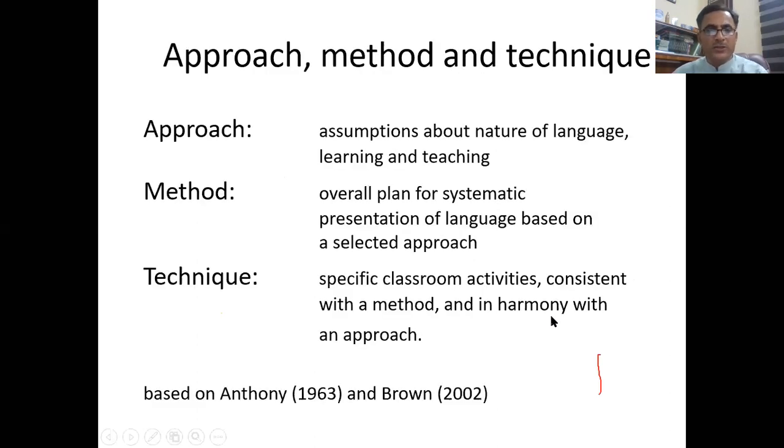Okay, so here we got this gentleman, Anthony, in 63, and Brown, 2002, who came up with this idea about these terms. Now, very briefly, the word approach is the very fundamental thing to begin with. And what is an approach?